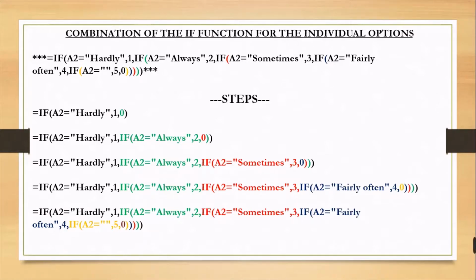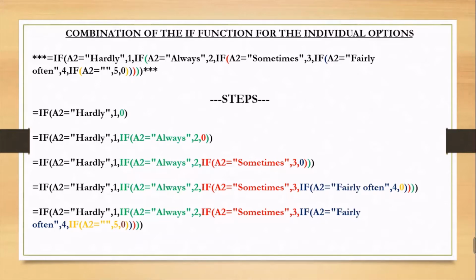By the way, this is a nested if function. I hope this explanation so far would help you when you're creating your own nested if function. This seems pretty straightforward because it's more like a straight line decision consideration.